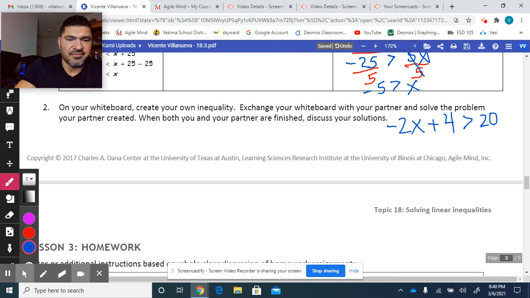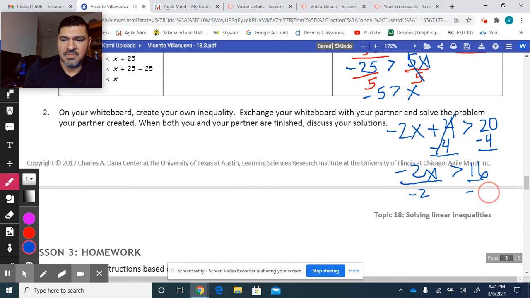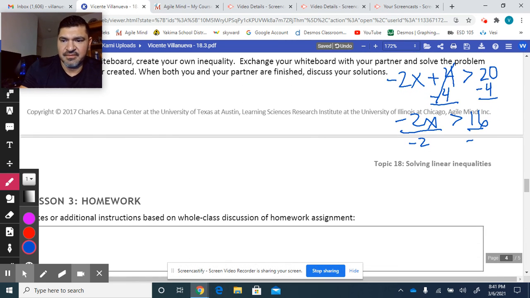Okay, my first step should be to subtract 4 on both sides. And end up with negative 2x. Positive 4, negative 4 cancels. 20 minus 4 is 16. And my next step would be to divide by negative 2. I'm getting quite a bit of a delay here.